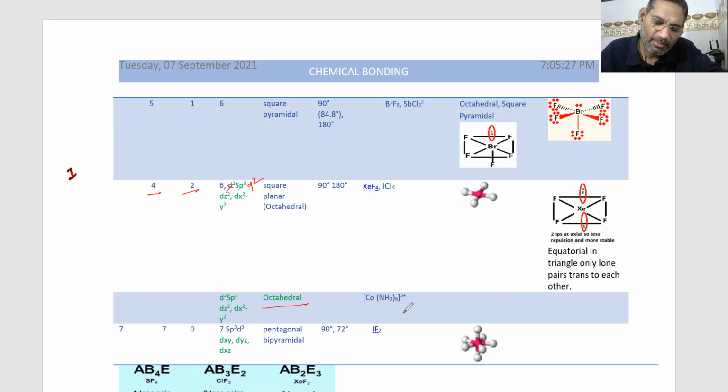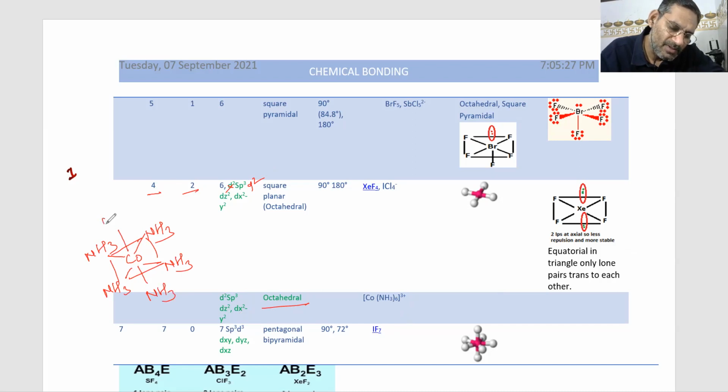Co(NH3)6 3 plus, 6 NH3, and the charge on this will be 3 plus, because Co is 3 plus. In this, cobalt is showing d2sp3 hybridization.